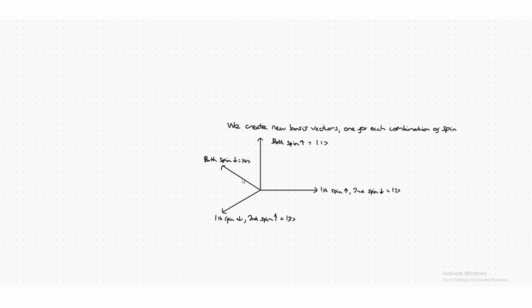When we measure our quantum state, that means it will end up snapping to one of these basis vectors. And whichever basis vector it snaps to, it will gain the result of that basis vector. So for example, let's say it snaps to basis vector number 2. That means when we measured our quantum state, the first particle had spin up and the second particle had spin down.